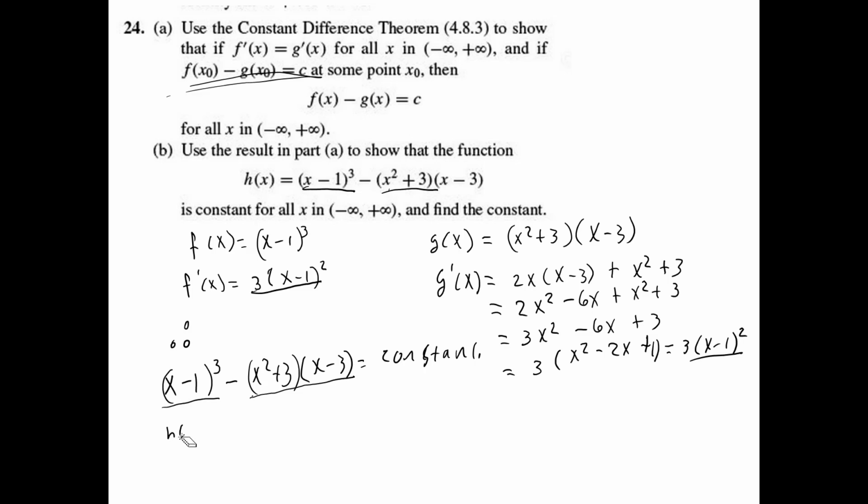So h of 3 would be 3 minus 1 is 2, 2 cubed is 8. And then over here we would get 0. So therefore, this equals 8. Therefore, h of x is always 8. And there you go.